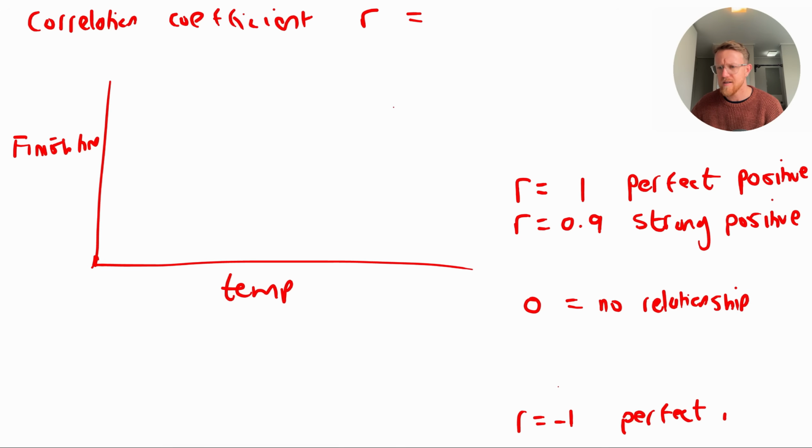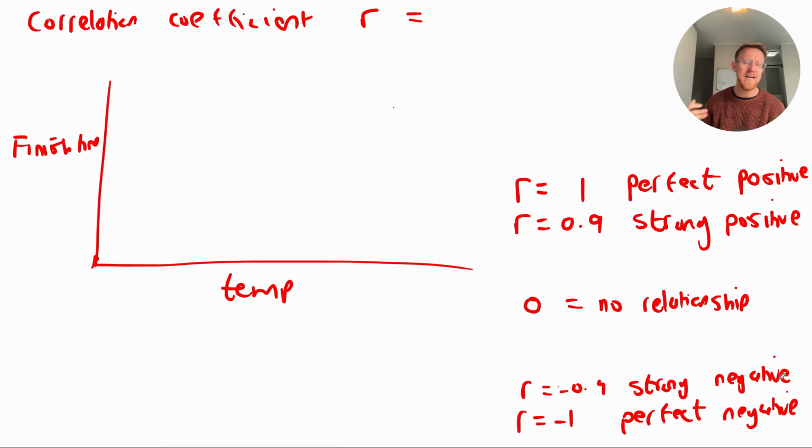And then this is negative, simply because of the gradient, if it's going up or down. An R value of -0.9 is also really, really good, but it's going to be a strong negative. The positive and negative are just based on the experiment that you're doing. In some experiments, when one thing goes up, the other goes down. And in other types of experiments, when one thing goes up, the other goes up.